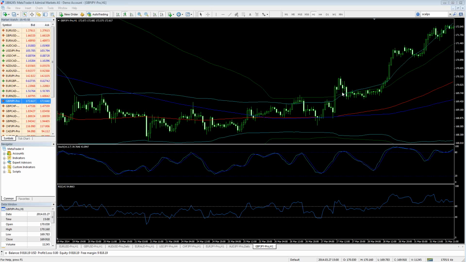You're basing your entries on candlesticks at very strong dynamic support and resistance levels such as Bollinger Bands and SMA, and you can use RSI to determine whether the trend is normal, ranging, or strong.